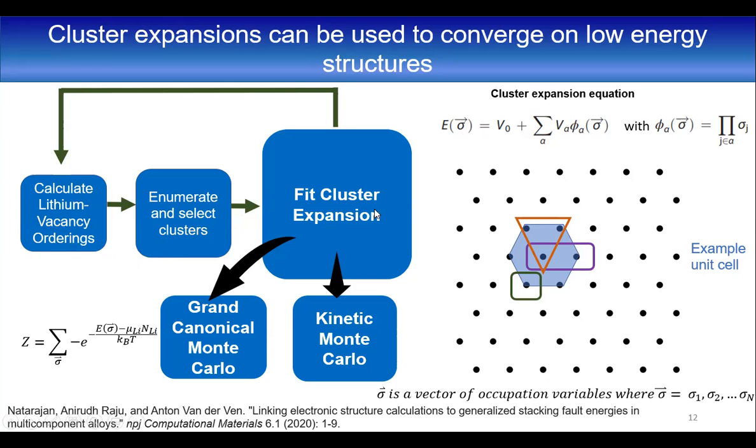It's also useful in that the grand canonical Monte Carlo partition function requires an accurate description of the energy as a function of the site correlations. So you need some type of equation that would describe that in order to do grand canonical Monte Carlo, and to go to finite temperatures and to larger and larger supercells.